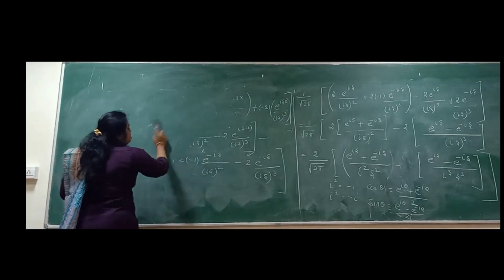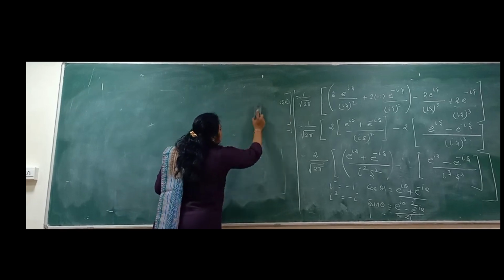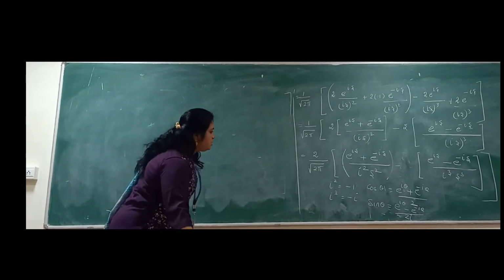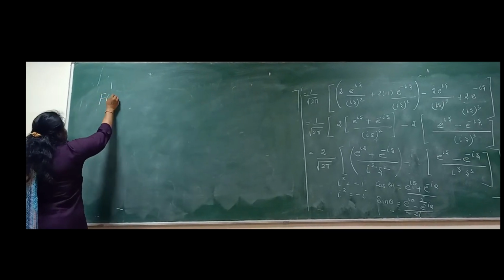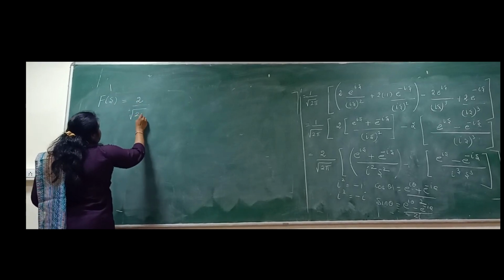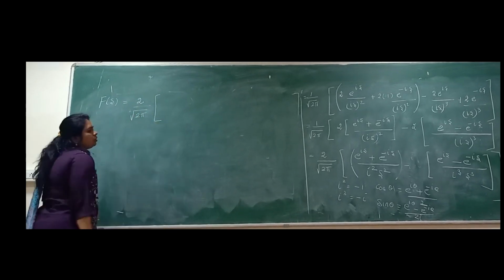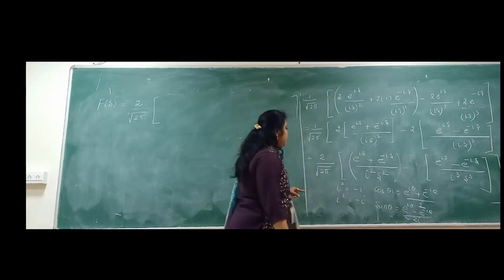So therefore, what is your f of s now? So f of s is 2 by root of 2 pi. So 2 should be multiplied, is it?